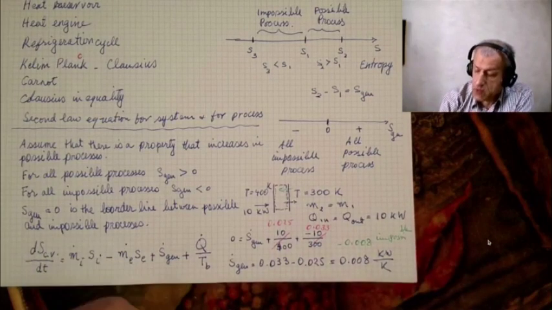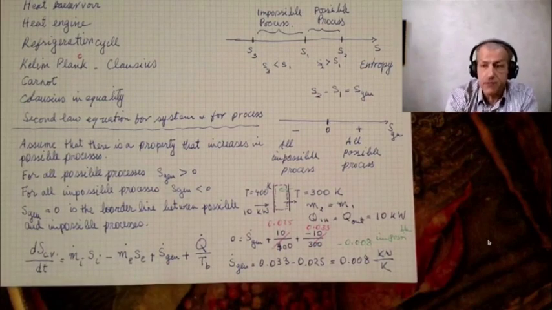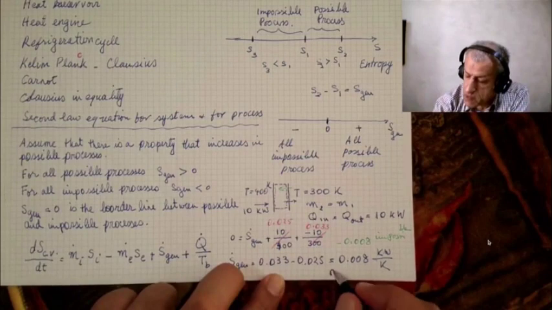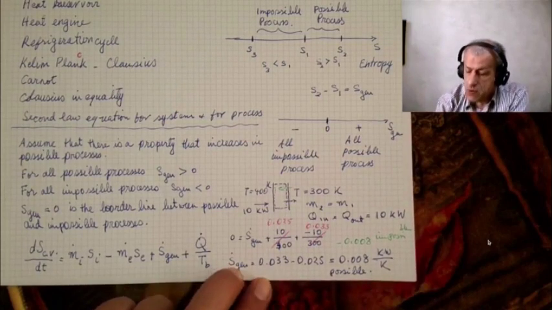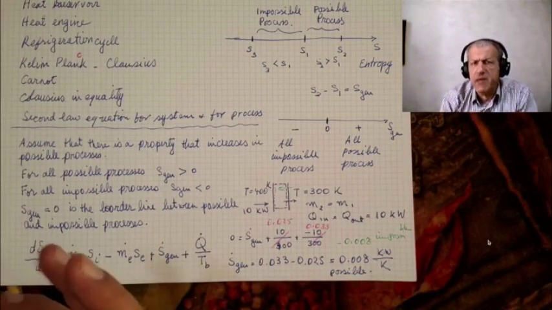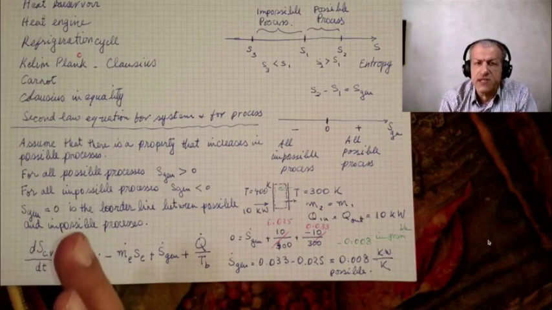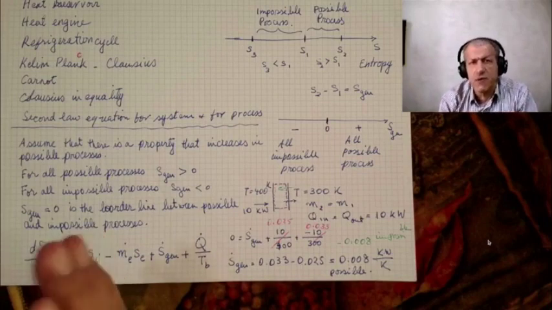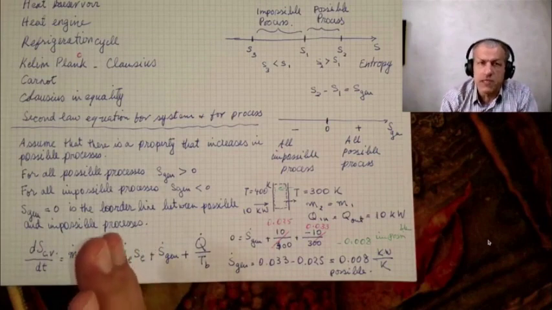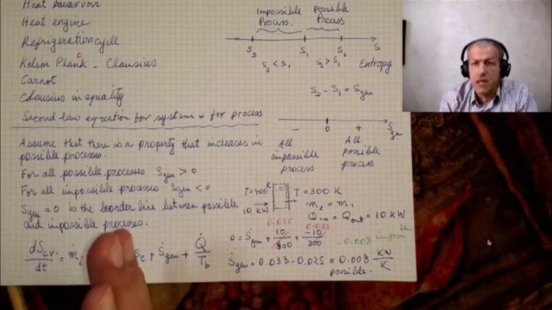And this one was possible. So we see that the second law is using the very basic fact that heat transfer is always from a warmer body to a colder body to decide what is possible and what is impossible.